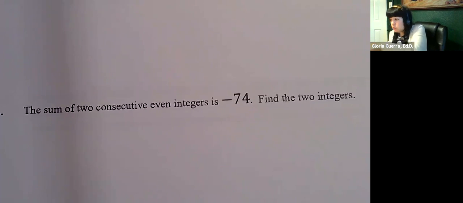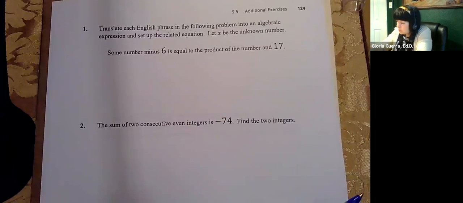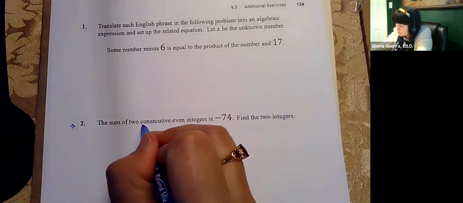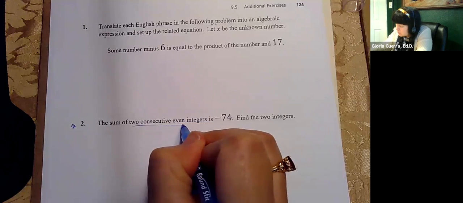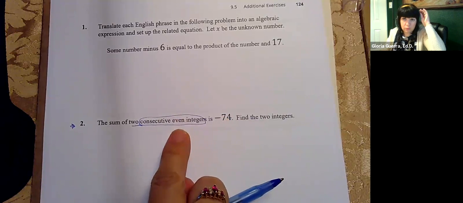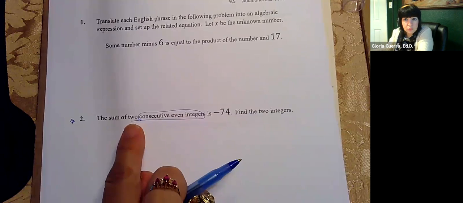Let's do page 124, number 2, because it has consecutive even integers. That's also using your vocabulary. And look, you're only working with 2 of them.